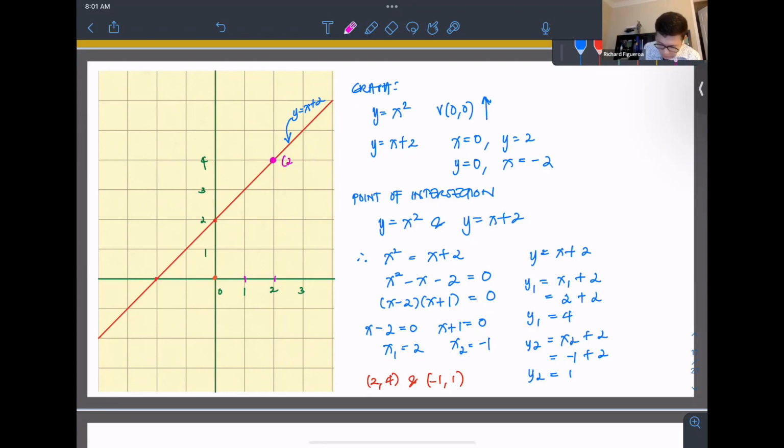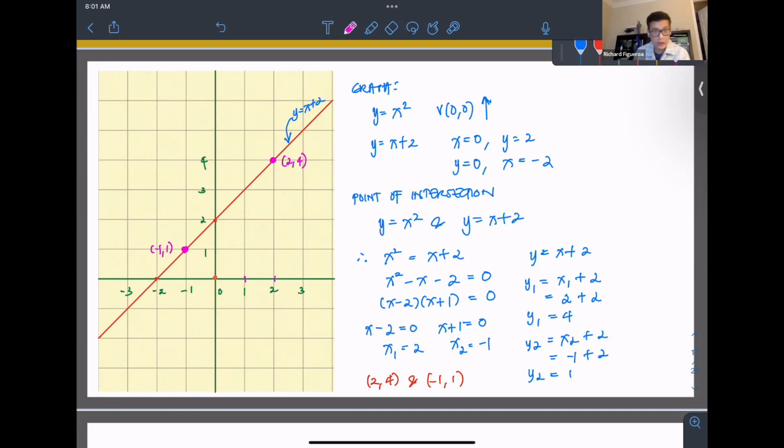This is the point of intersection, 2 and 4. The other one is negative 1 and 1. So this is negative 1, negative 2, negative 3. So negative 1 and positive 1. Those are the two points of intersection.